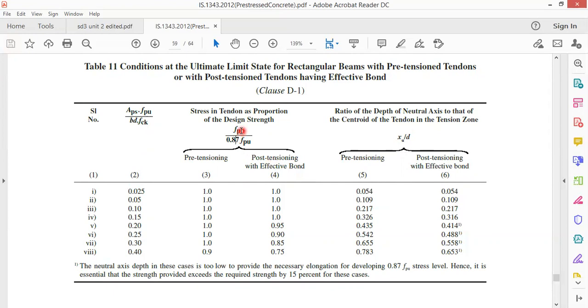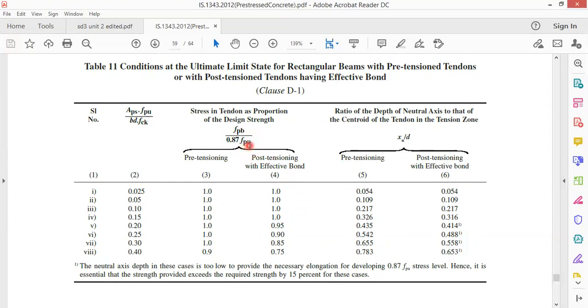As I said, I need to calculate the value of FPB. Already I know the value of FPU. So here FPB divided by 0.87 into FPU is equal to 1 for 0.05. So what is the value of FPB?